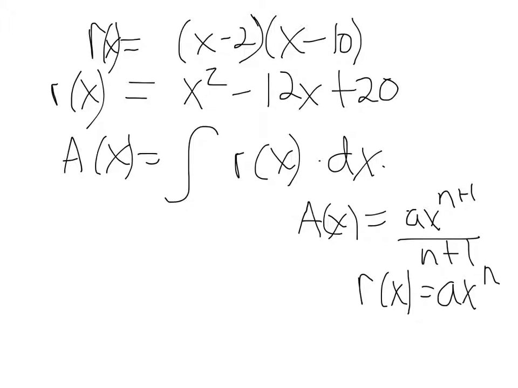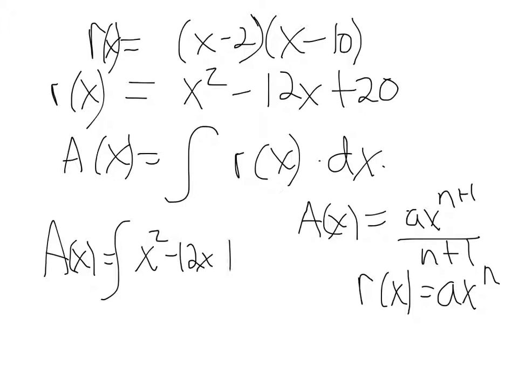So in our case, A of x equals the integral of x squared minus 12x plus 20 dx, and now we apply our rule.